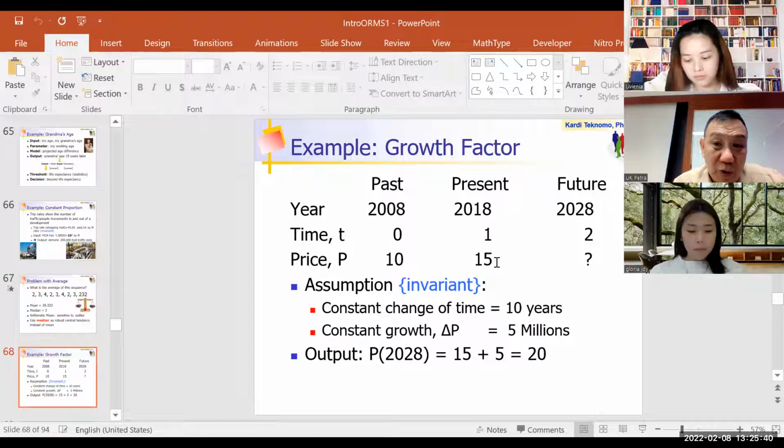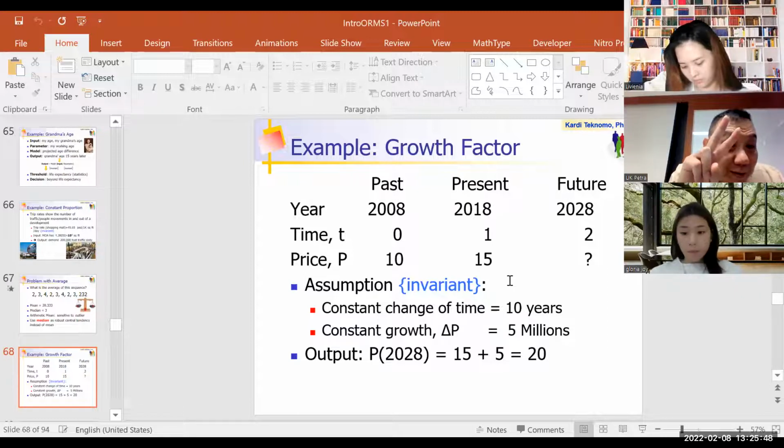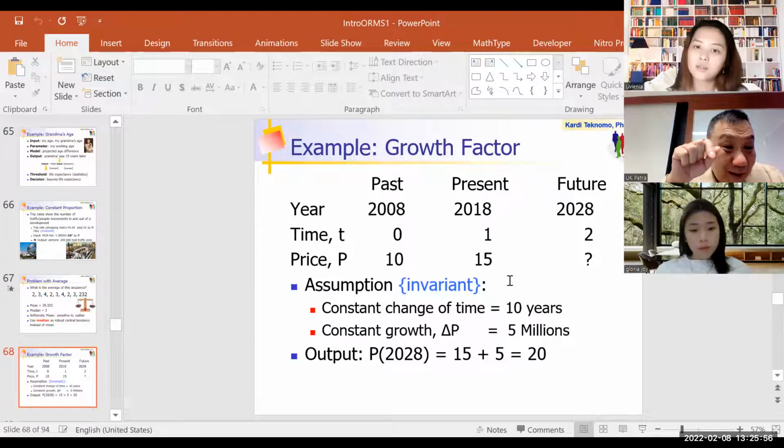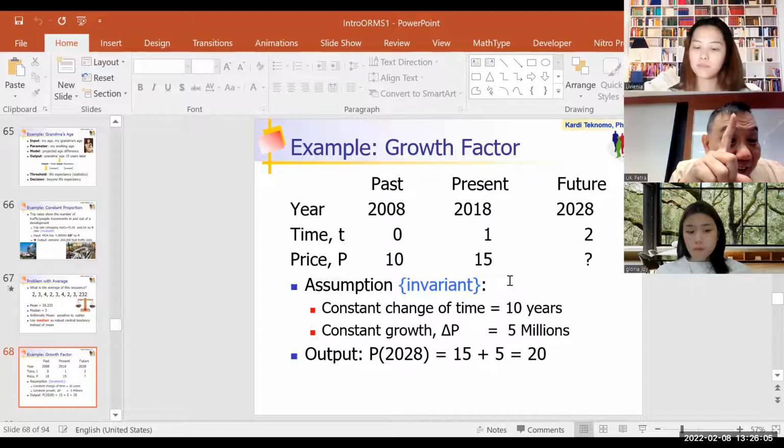They want to predict the future, which is 2028. So how do you predict the future with only two numbers, 10 and 15? What is the model? Simple, because you have only 2 points. If you have only 1 point, you cannot predict. If you have 2 points, at least you can predict.